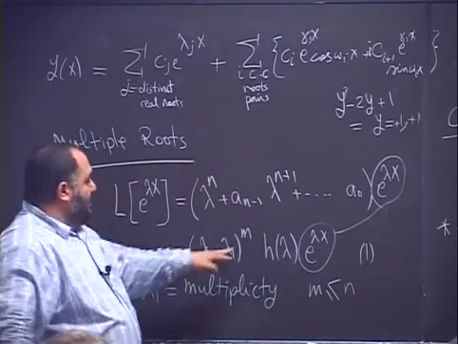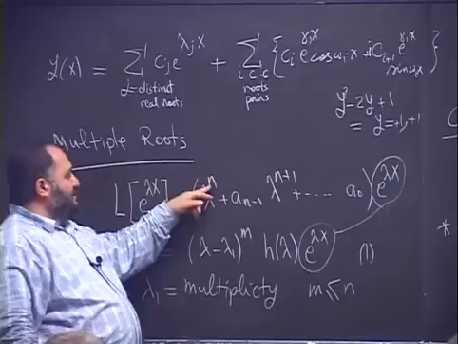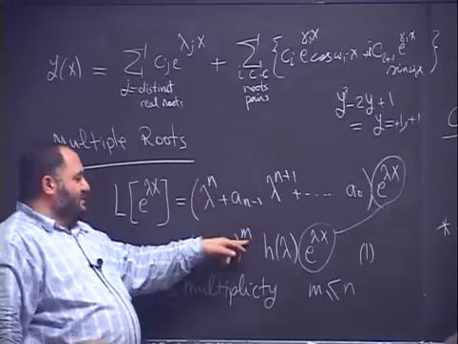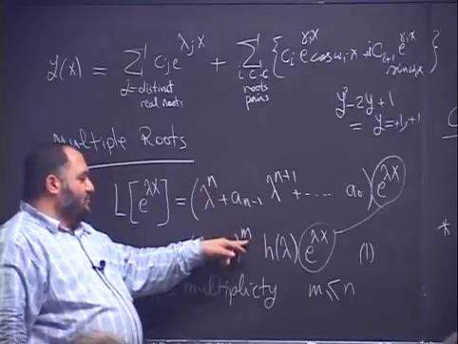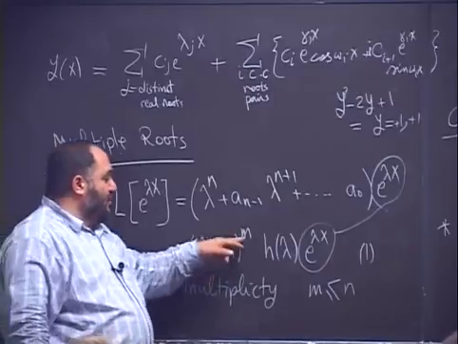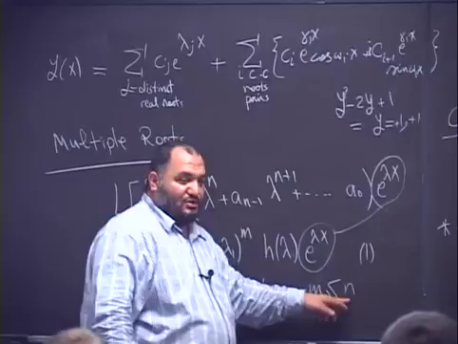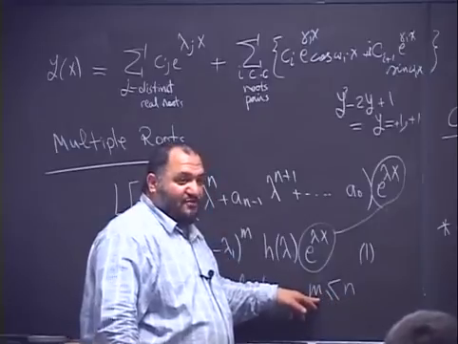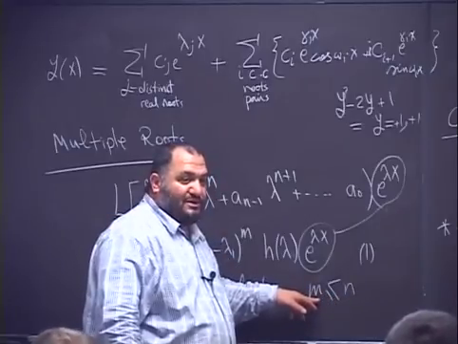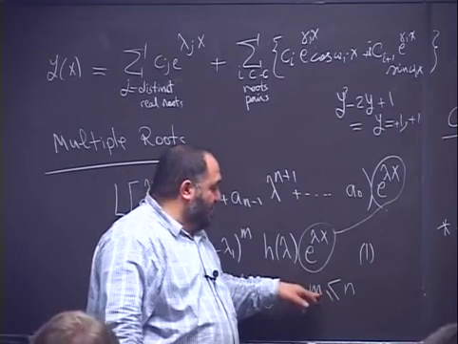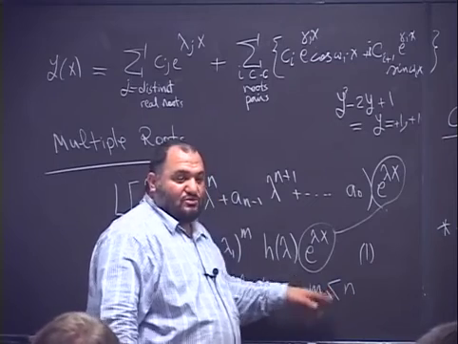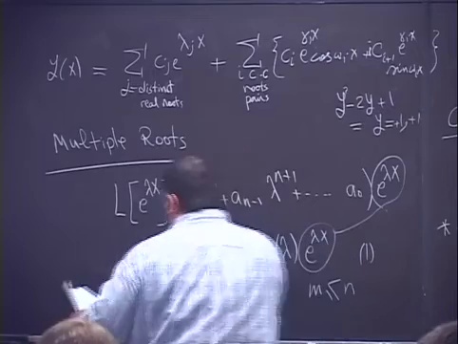If your equation is 10th order and 3 of the 10 roots are lambda 1, then 3 is less than 10. The maximum is if you have 10 roots and all of them are the same, so m would be equal to n.